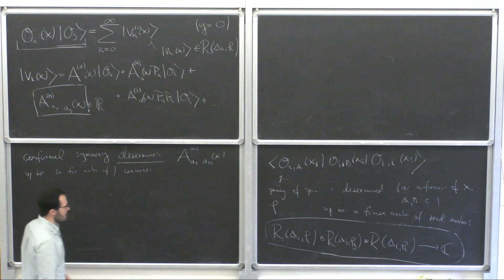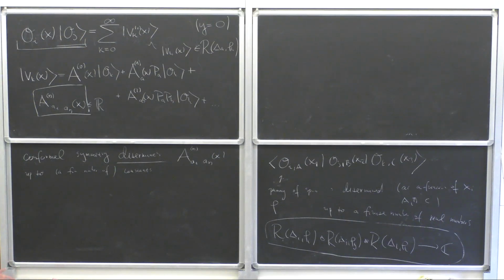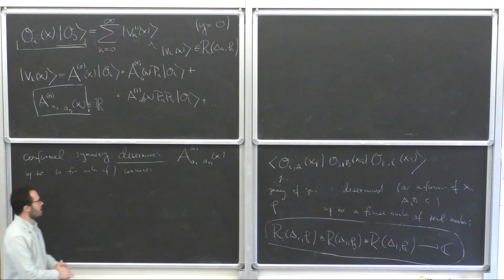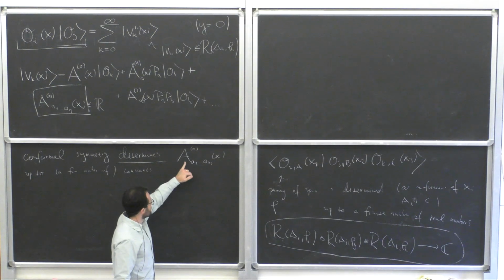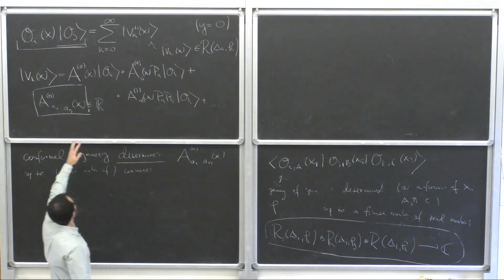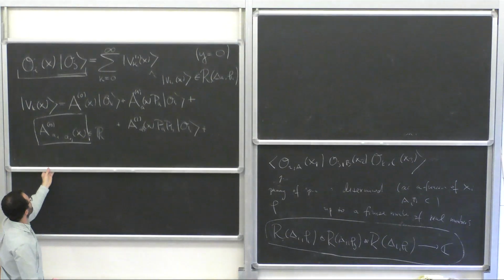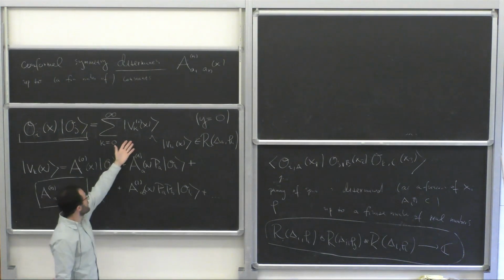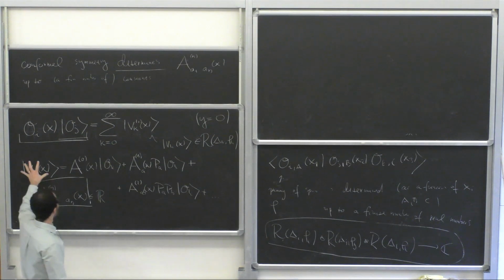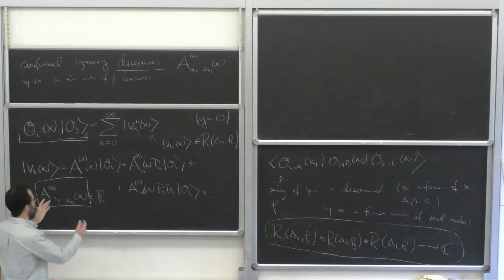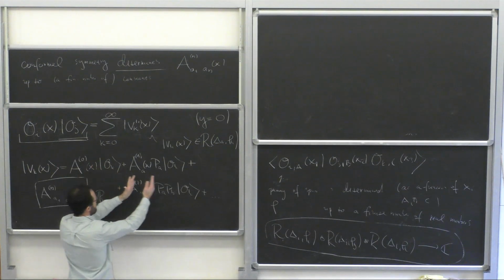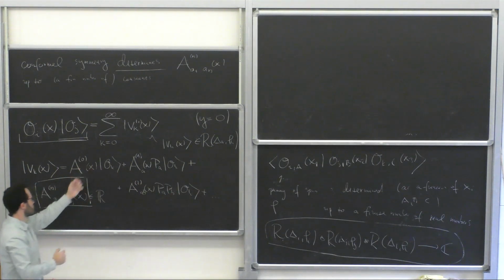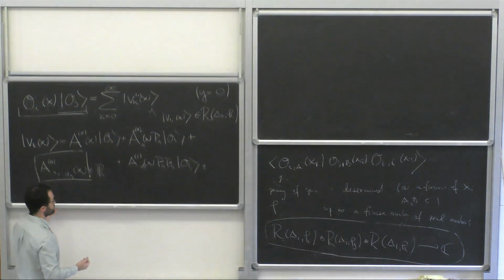And it turns out that this finite number of constants is exactly the same constants that we need to determine the A's. So what are we trying to do? We are trying to construct these vectors v_k, and that means that we need to find the coefficients of the primary and of all the descendants as a function of x, as a function of the indices.